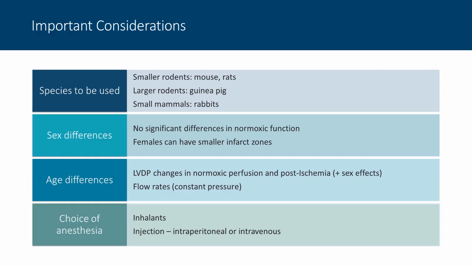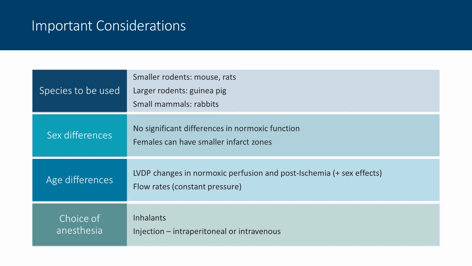When we look at the left ventricular developed pressure in normoxic perfusion and post-ischemia, we do see differences in age groups. And this we can also see with sex effects as well. There will also be a change in the flow rates as animals become older. So obviously this has an additional influence if we have our setup as a constant pressure system.